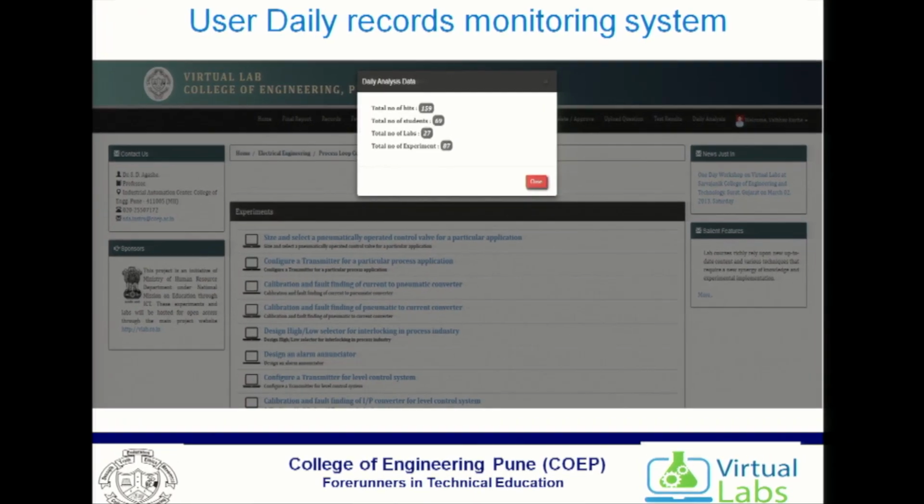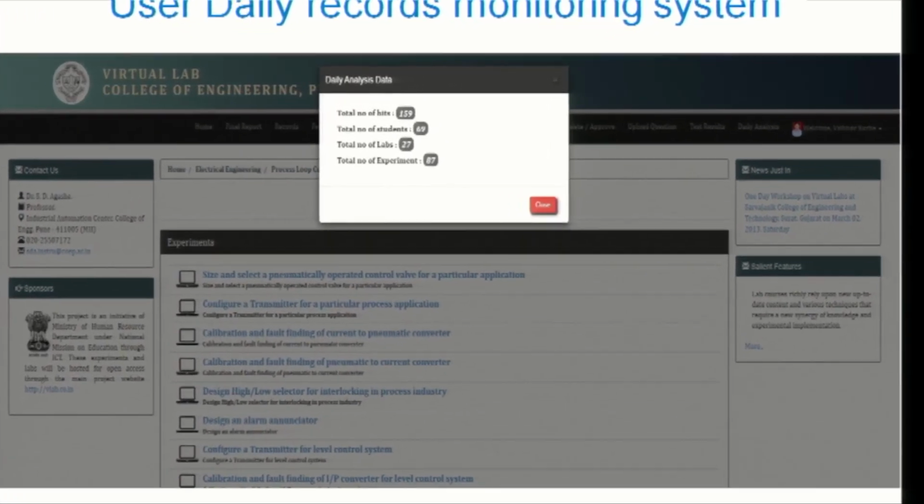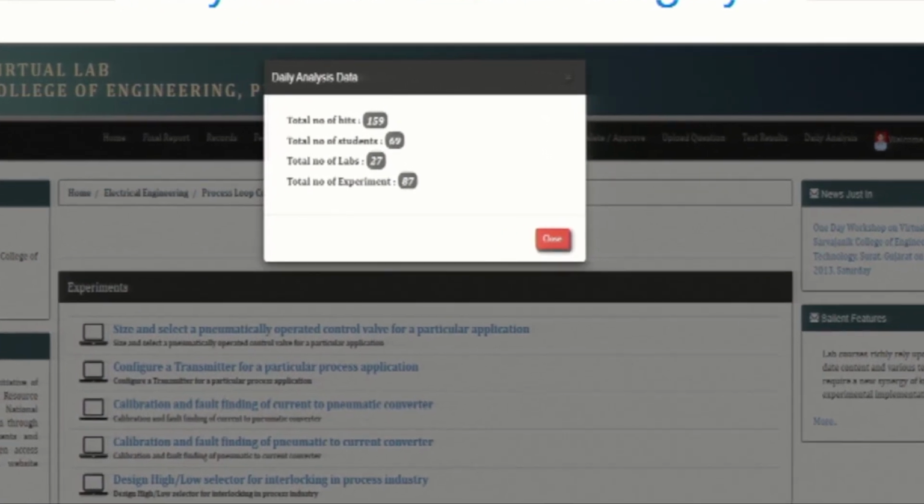We can even track the daily usage. For example, for a particular slot, you have given them an assignment for performing the experiment at home. So, these are like take home assignments. Now, when you go for take home assignments, tracking a student becomes very, very difficult.